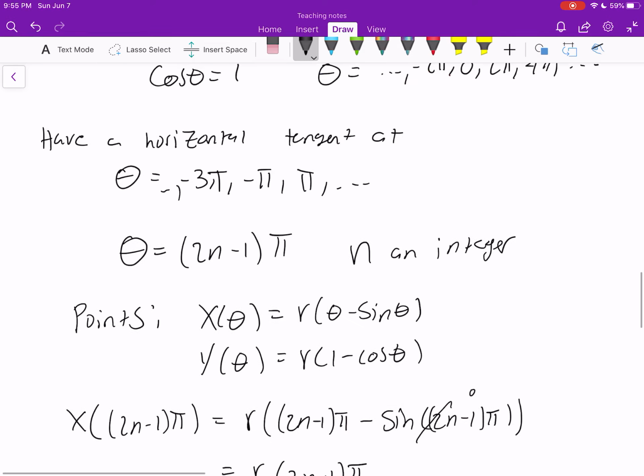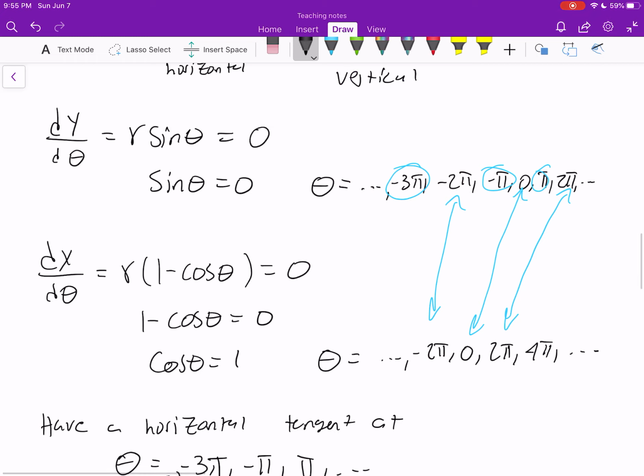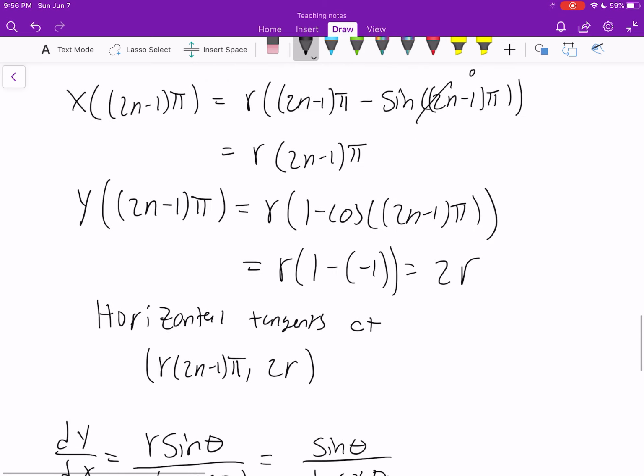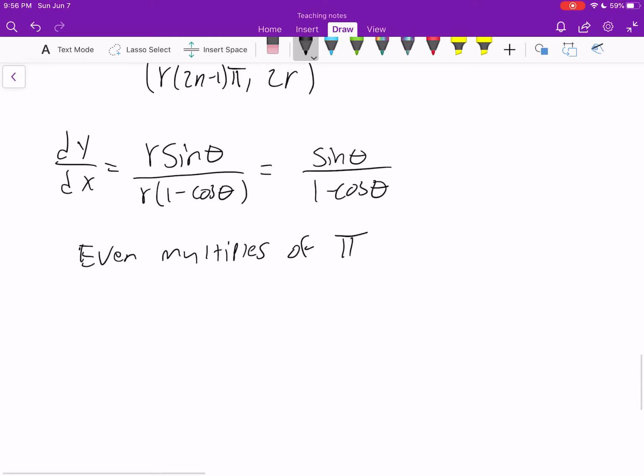If I go back up here, those are the lines that I've drawn that have these two things in common. Those are the even multiples: 0, 2 pi, 4 pi, 8 pi, whatever you like. So the even multiples of pi, we can write as 2n pi for n an integer.